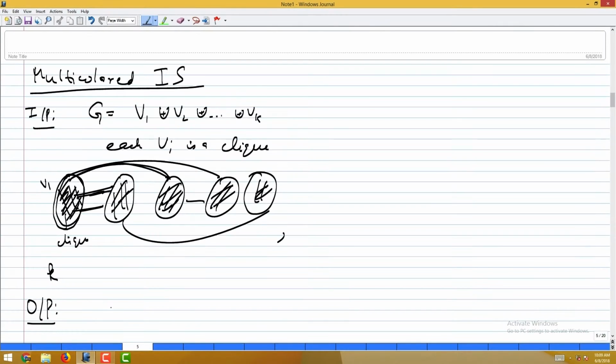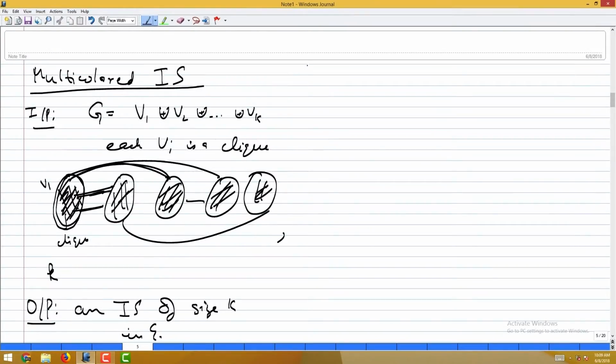If I've given you a graph in this format, I can even just say output an independent set of size k in G. By default, the independent set that I would give you will be a multicolored independent set, in the sense that it will pick exactly one vertex from each of these color classes, the V_i's. So this is the multicolored independent set problem, and now I want to reduce independent set to multicolored independent set.